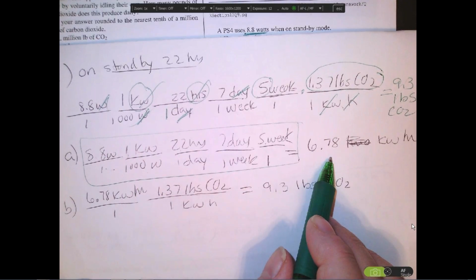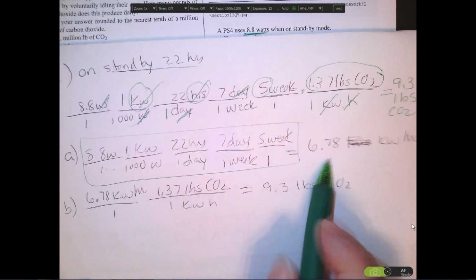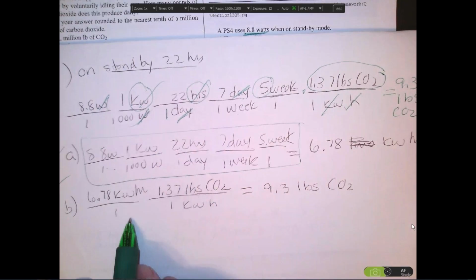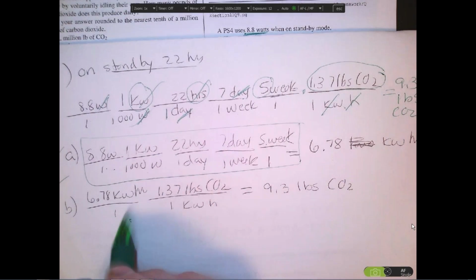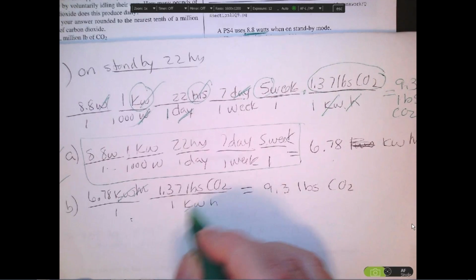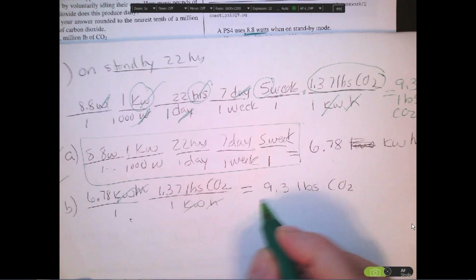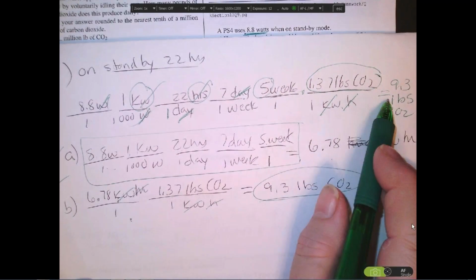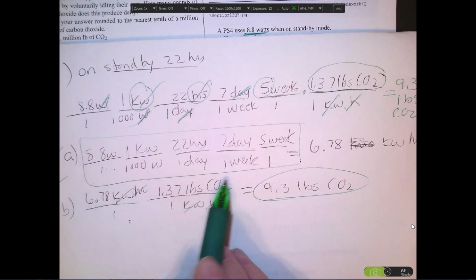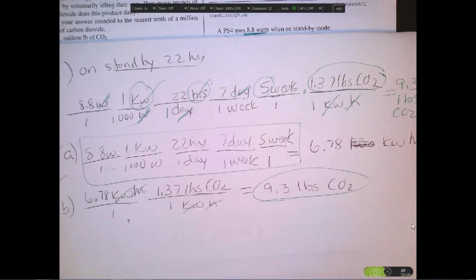It's going to use 6.78 kilowatt hours. They did it in 2 parts. Then how much CO2 is that? We got our kilowatt hours, and we convert to 9.3. I did it all in one line because so often we do it, but they asked it A and B. Okay.